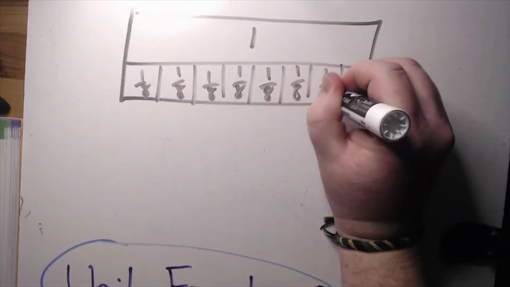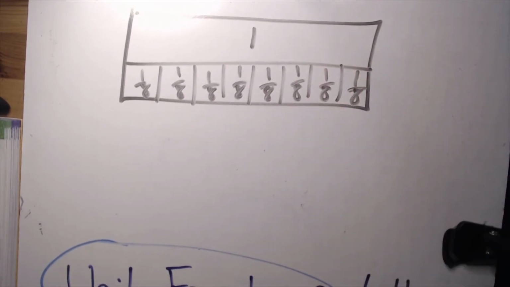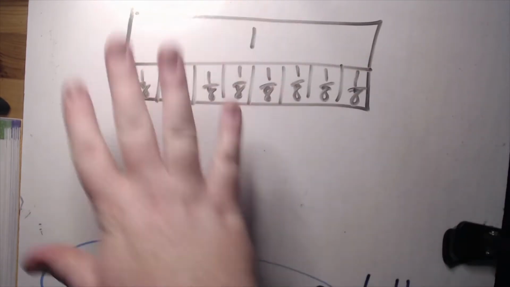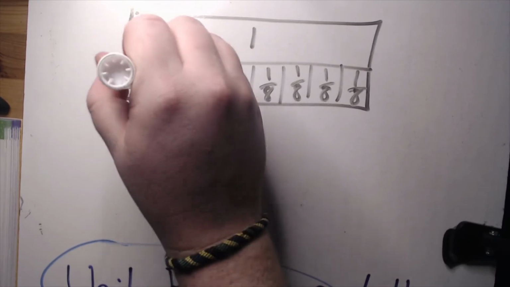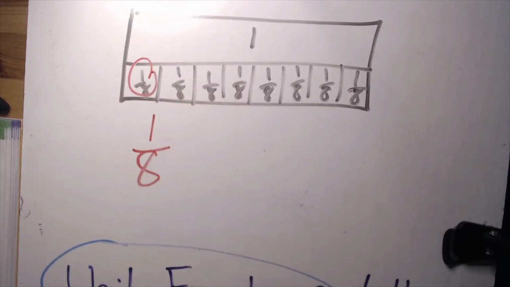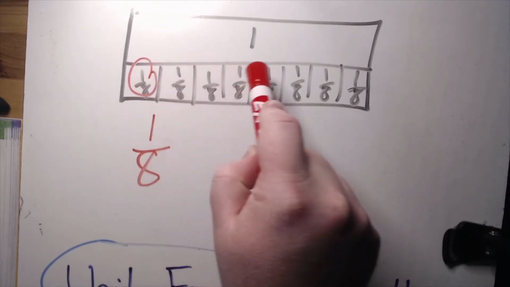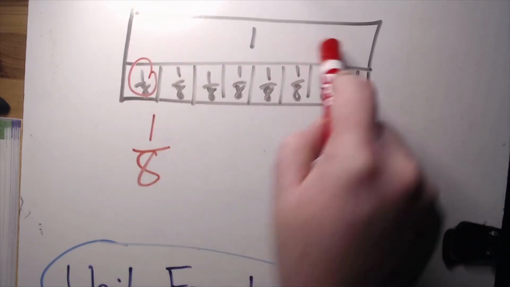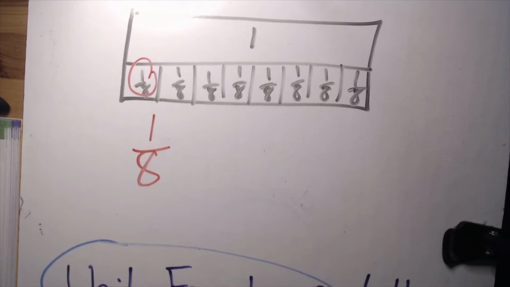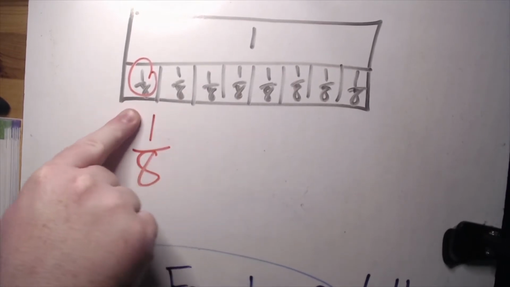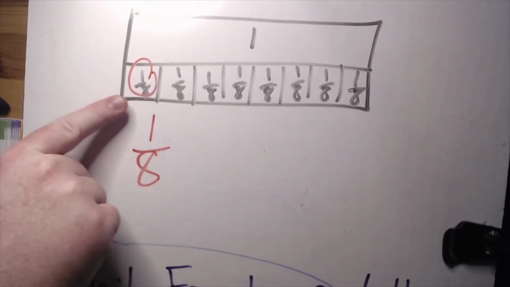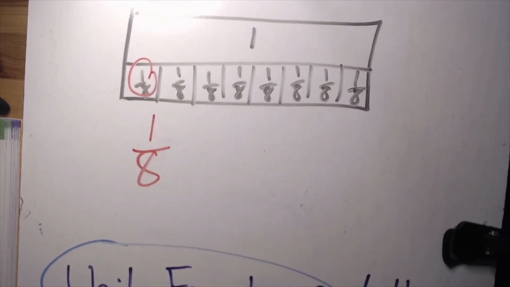If I were to ask you what the unit fraction of this overall shape was, it's just going to be 1/8. So it's just how many pieces make up the one whole. That's what the unit fraction is. We're not shading, we're not doing anything like that. We're just trying to figure out how big the pieces are, what size these pieces are, and what they are represented by. This will be represented by 1/8.